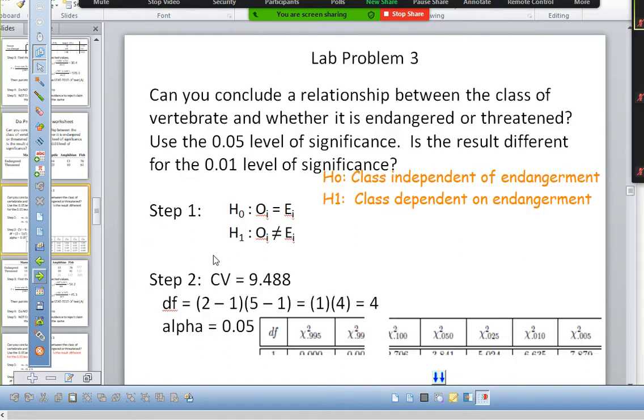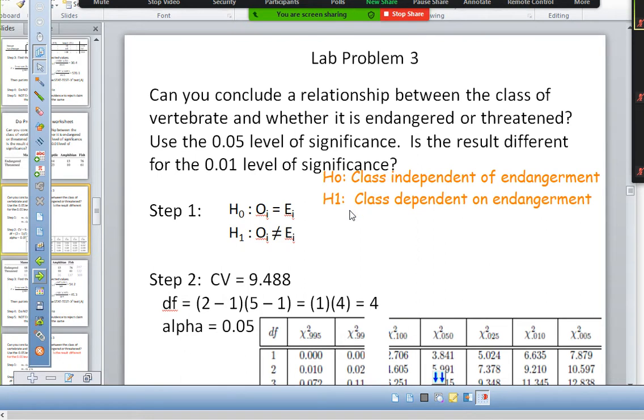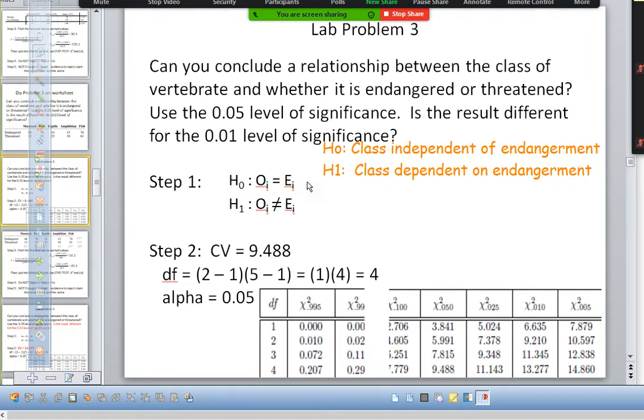Okay, so at any rate, let's go on to this one. Our step 1 is obviously this part here. Step 2, our critical values. So we had 2 rows and 5 columns. So 2 minus 1 times 5 minus 1, 1 times 4 is 4. Alpha is 0.05.